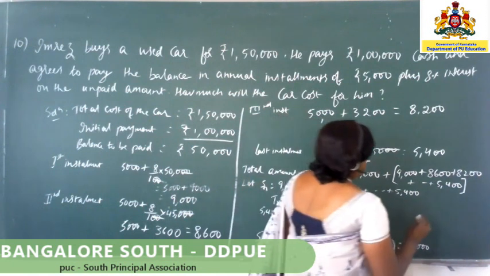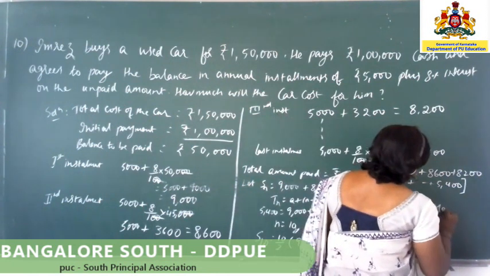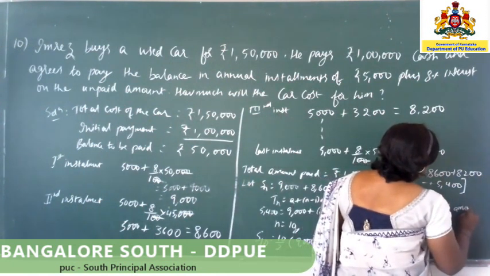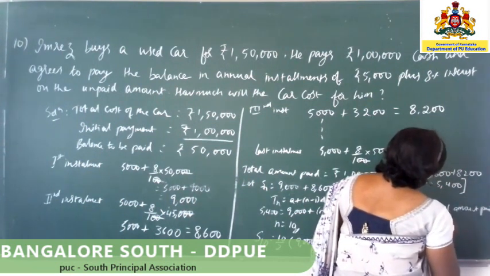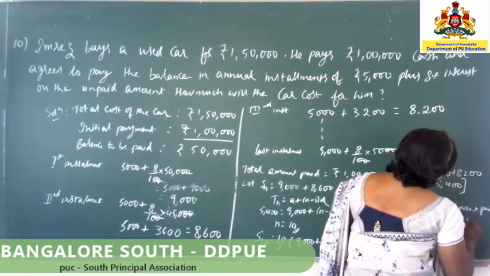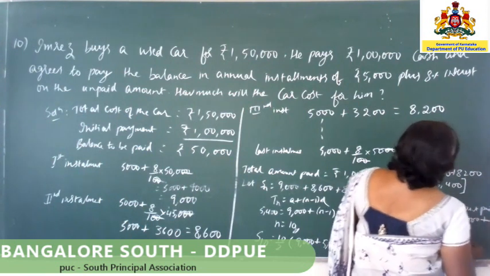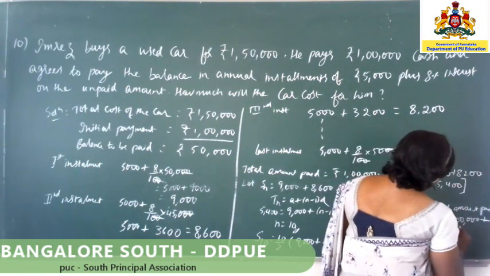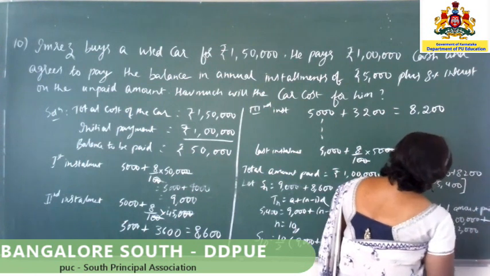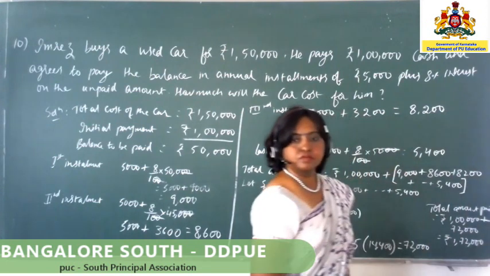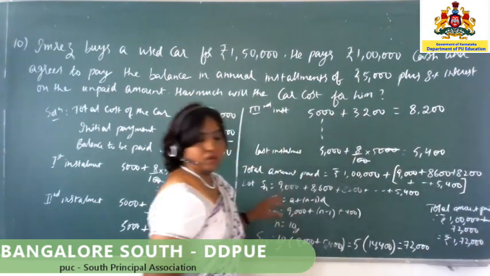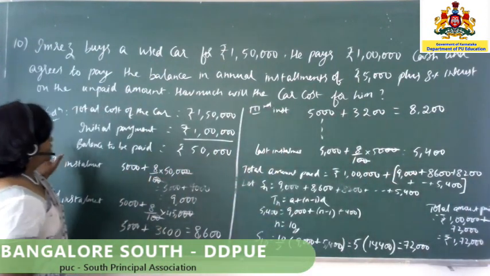So now total amount paid is equal to rupees 1 lakh plus 72,000, that is equal to rupees 1 lakh 72,000. So this is how you'll be doing this sum. So make a note of this.